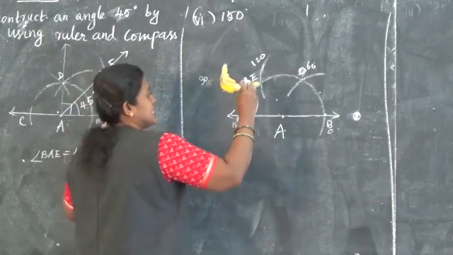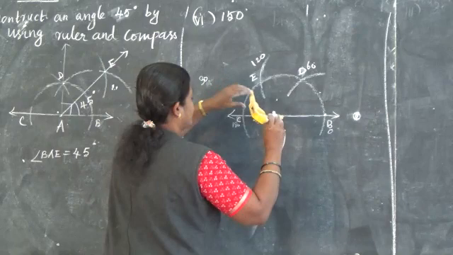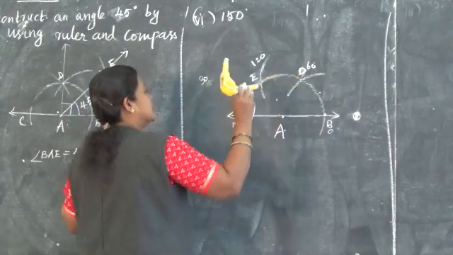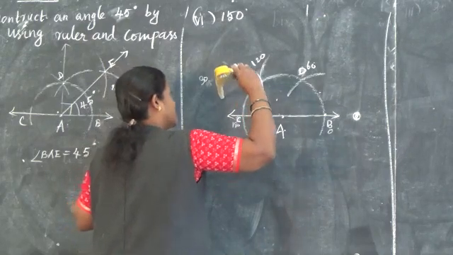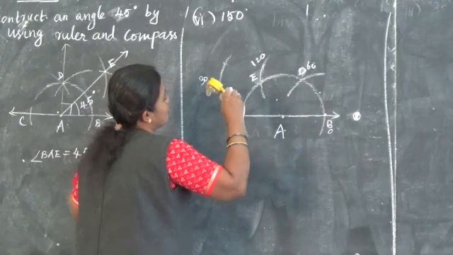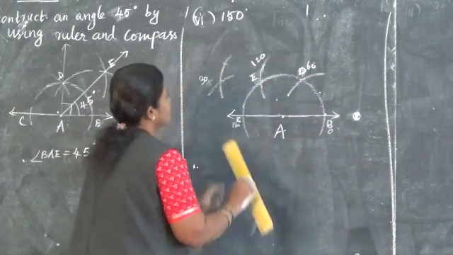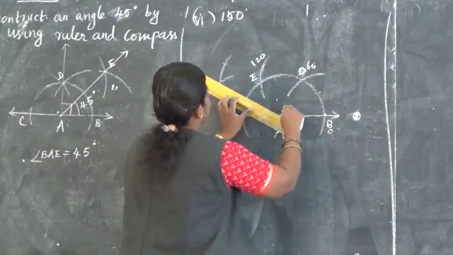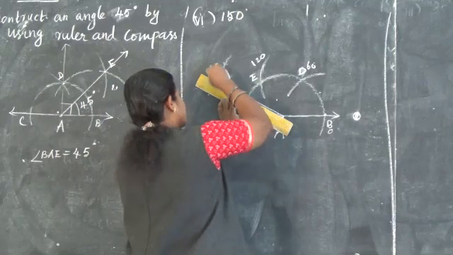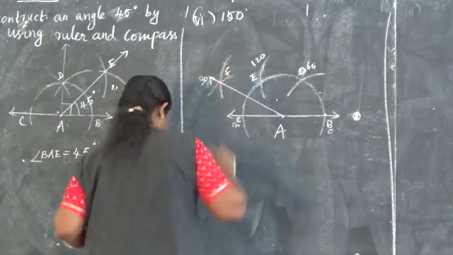Now C as a center, draw one arc. E as a center, draw one arc. Now you can join this one. This is F.